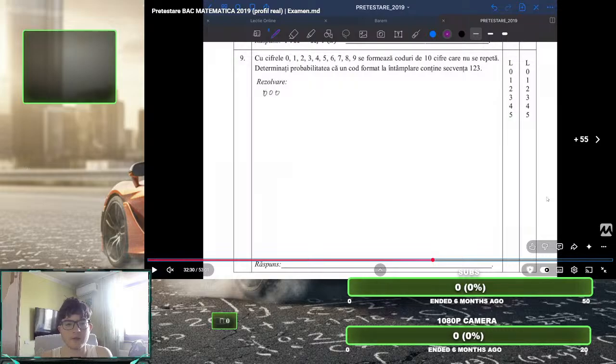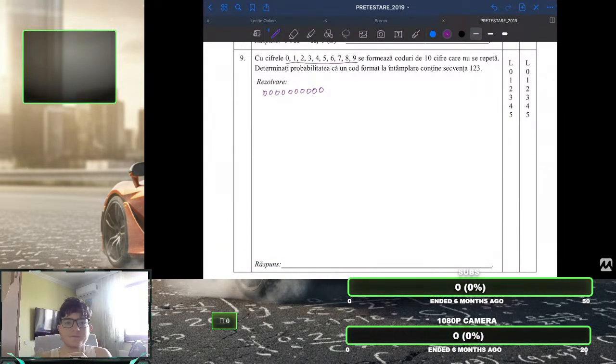Skip this exercise. Okay, very good, probability, that's what I'm talking about. You have all the numbers, and a code of 10 numbers is being formed, and they must not repeat. Find the probability that the code formed randomly contains 1, 2, 3, basically like this.